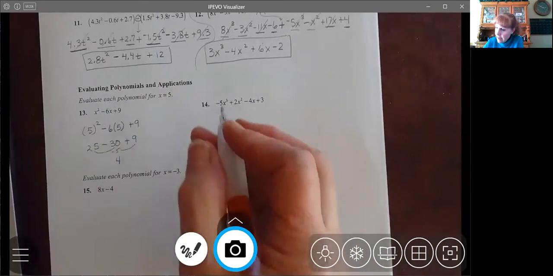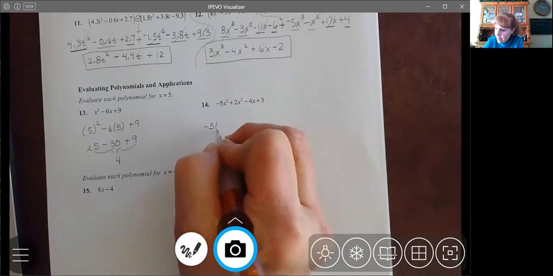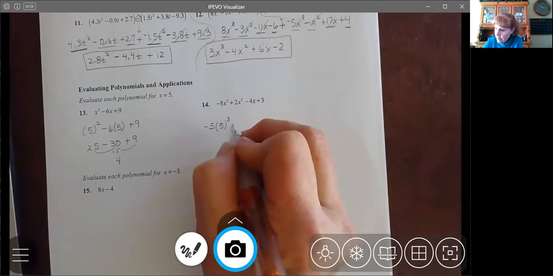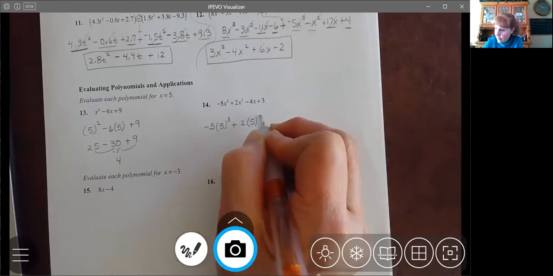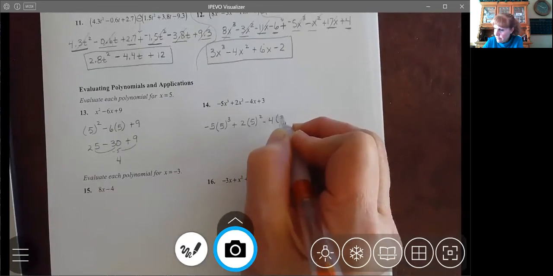We're going to take a -5, that's what this is, times 5 cubed plus 2 times 5 squared minus 4 times 5.